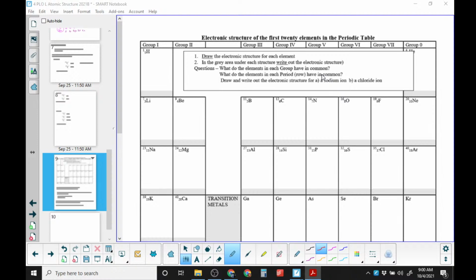Okay. Let's do these. Now, I'm not going to draw all these in here, but let's just go around the room and get the electronic structure below. If I was doing it for nitrogen with 7 protons, it would be 2, 5, for example.